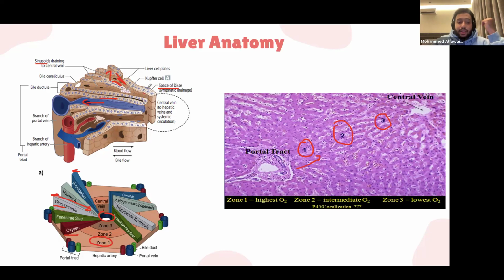It will go between hepatocytes and it will diffuse into the abdominal cavity, which is one of the causes of ascites. Okay, so this is the basics of the liver and how it relates to the pathologies in terms of cirrhosis and portal hypertension and ascites.